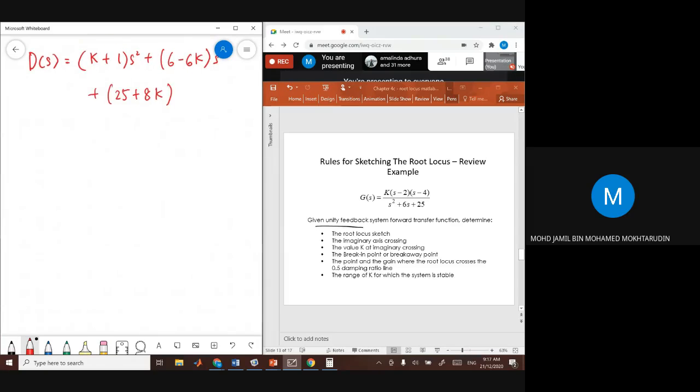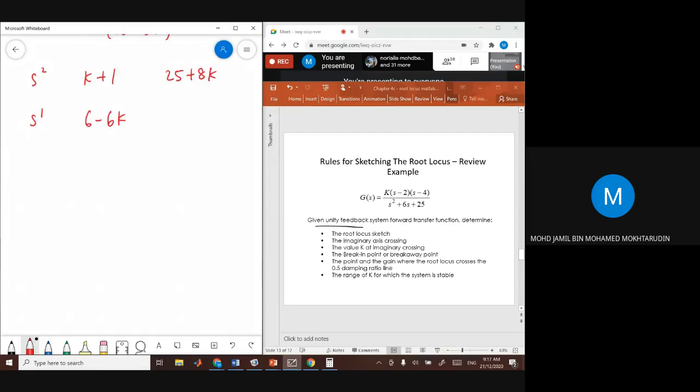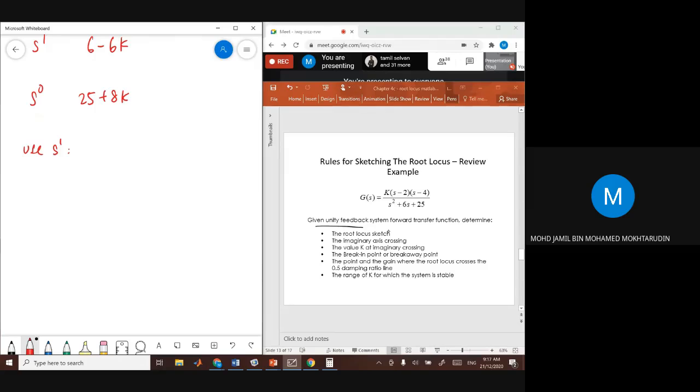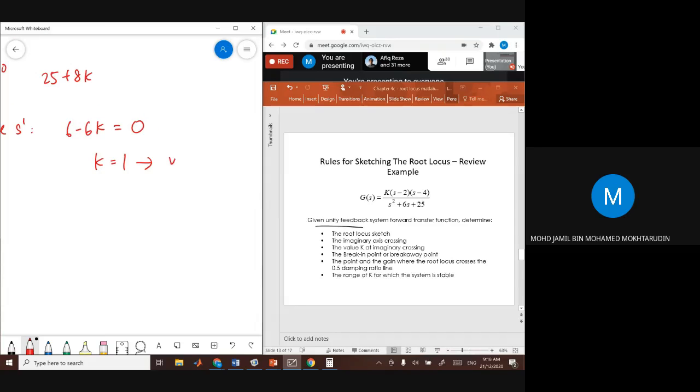Okay, we use the Routh-Hurwitz table. Okay, use S1. So this is the value of K at imaginary crossing.